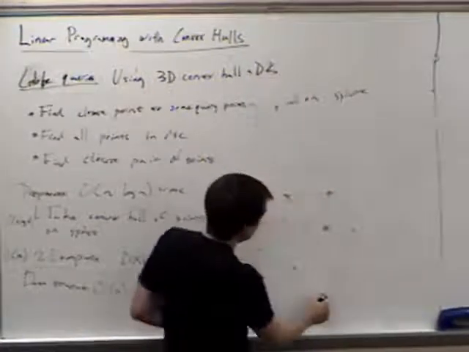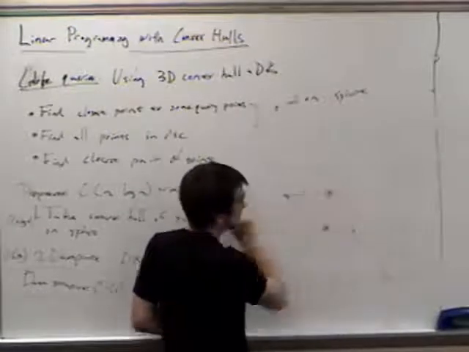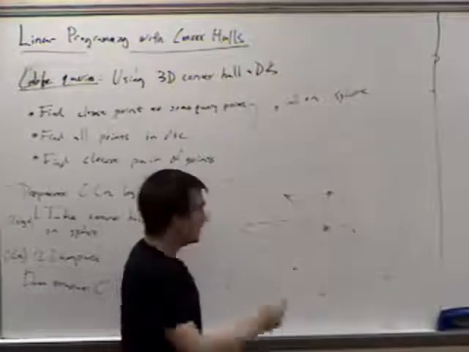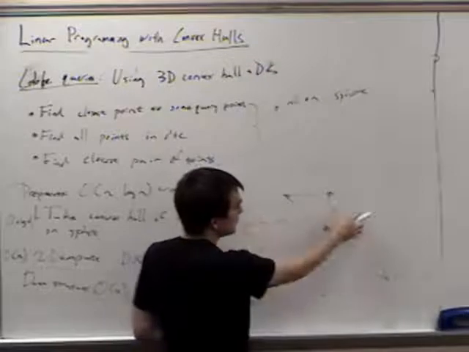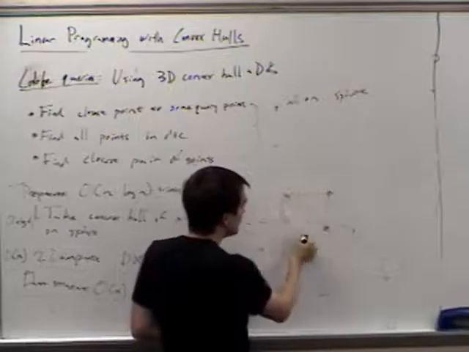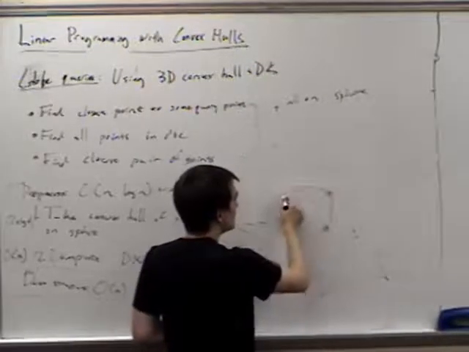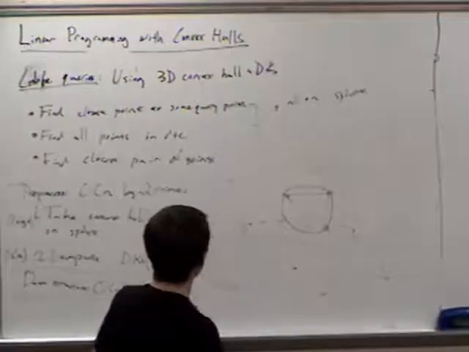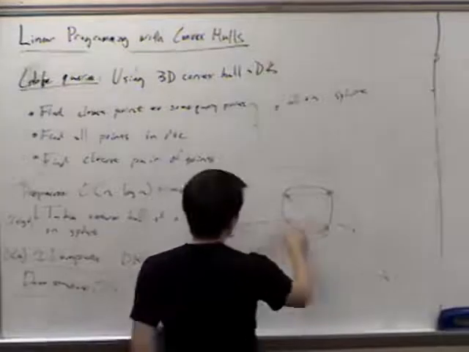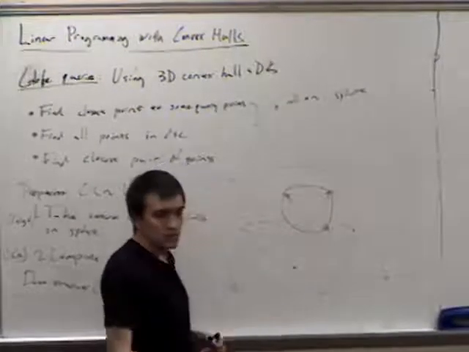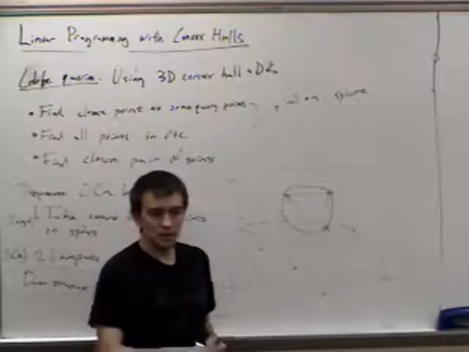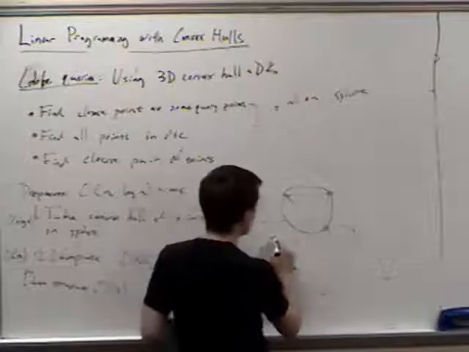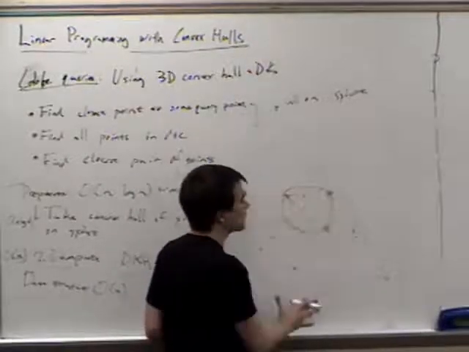So I can draw this plane that cuts through this sphere that all the points are distributed on. And the intersection of this plane and the sphere will form a great circle that passes through each of the vertices of this triangle. And moreover, in this great circle, there are no other vertices from this triangulation that are going to be contained inside it. So if I have any other data points out here, they can't be contained in this great circle.